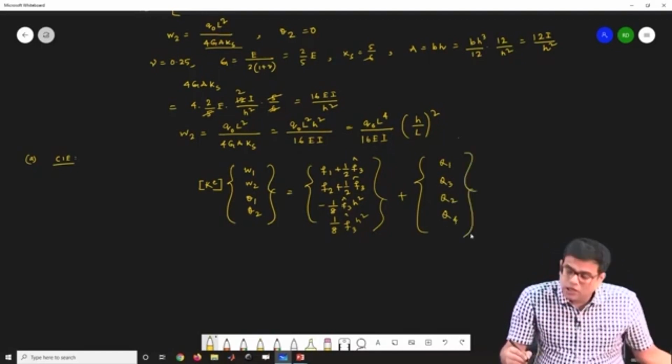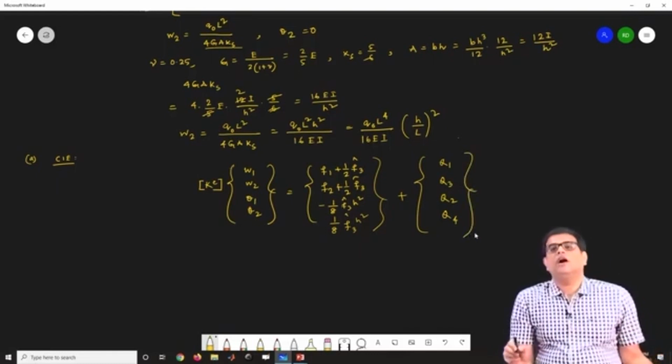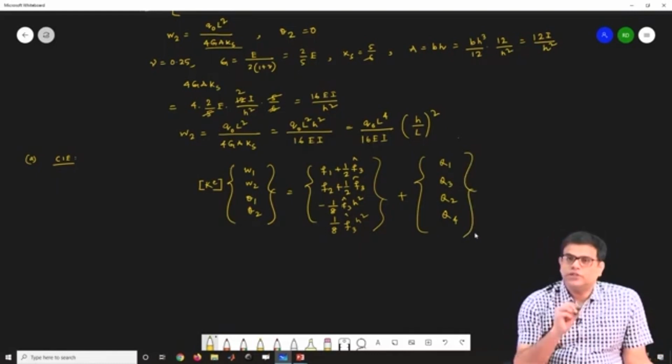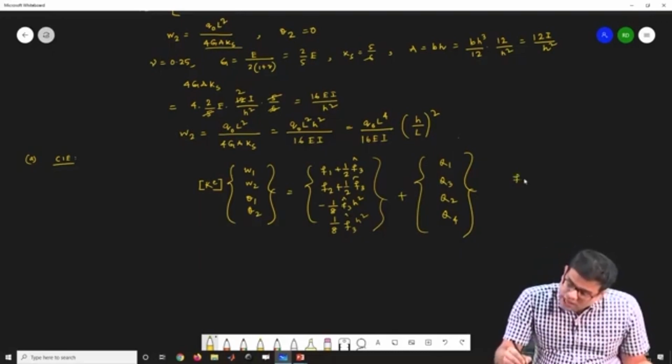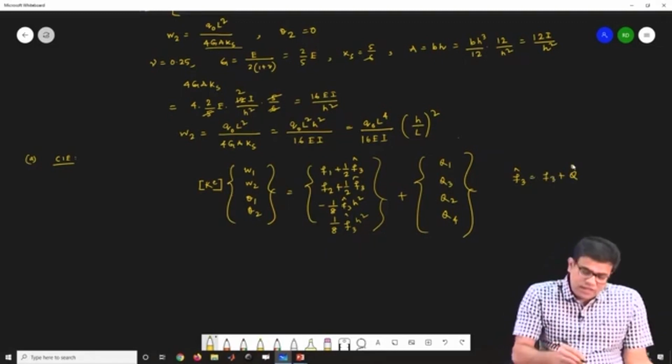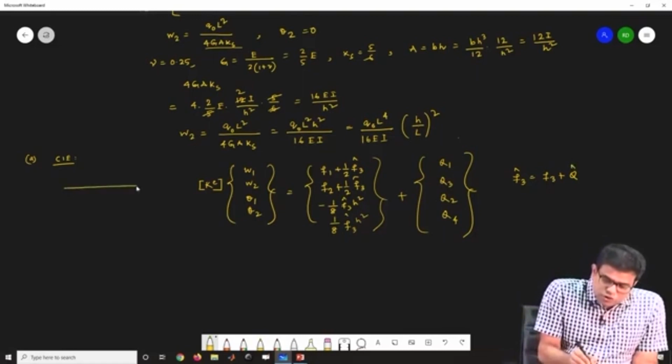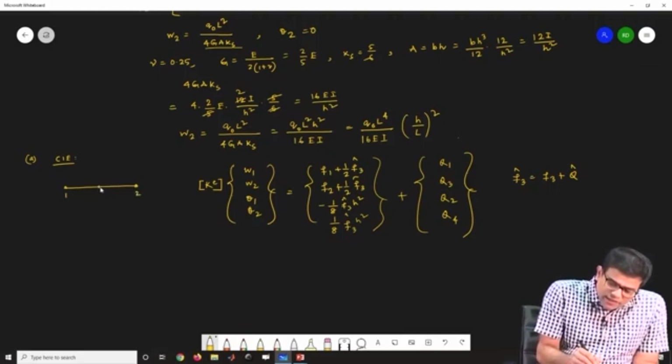That is what we derived during our theory derivation. Now here, F3 hat is essentially your F3 plus q hat, which means the displacement nodes will have 3 nodes, that is 1, 2 and 3.